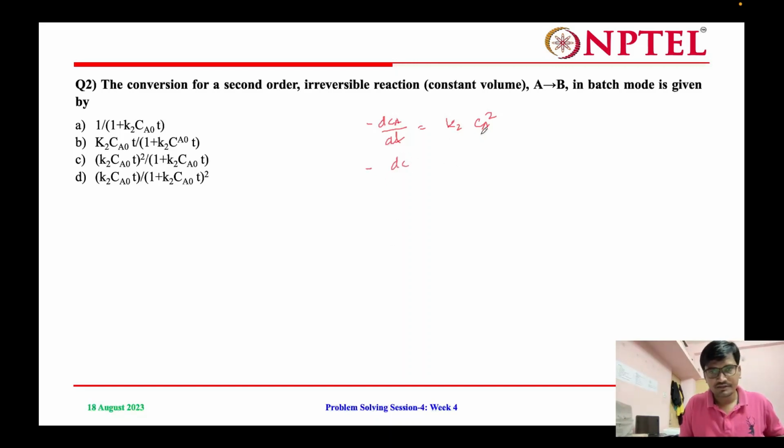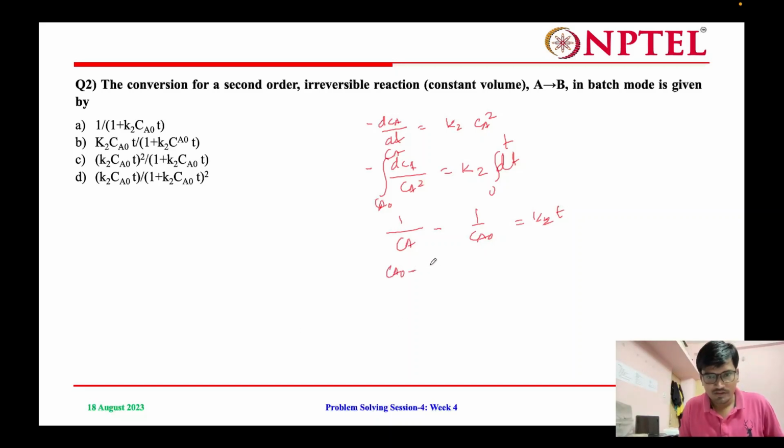Now take this concentration term, dCA by CA square equal to k dt. Now integrate CA from CA0 to CA and 0 to t. So we will get 1 by CA minus 1 by CA0 is equal to k2 t.